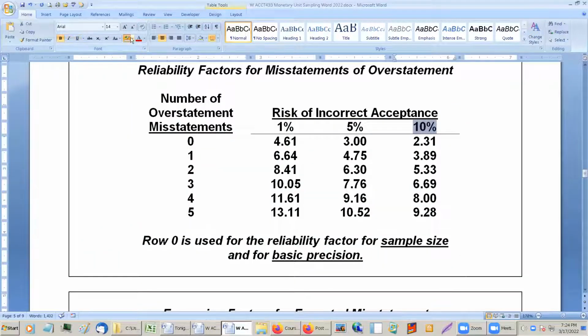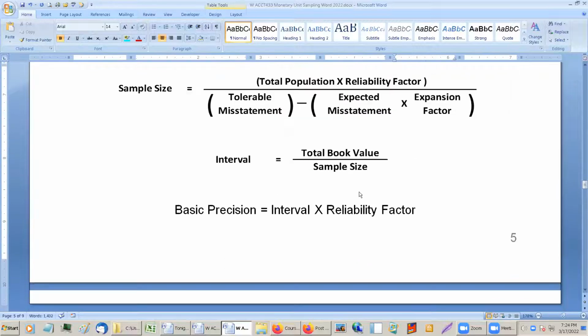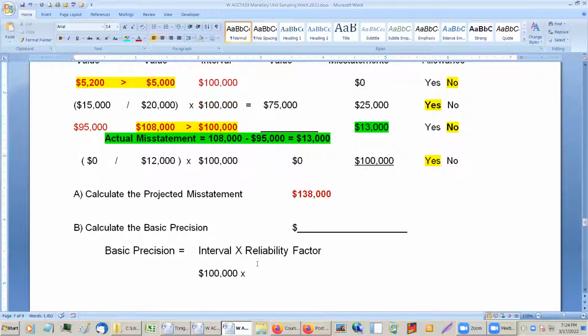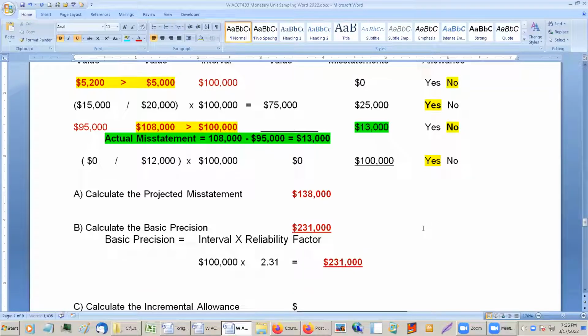We're at 10%, so 2.31. And that equals 231,000.